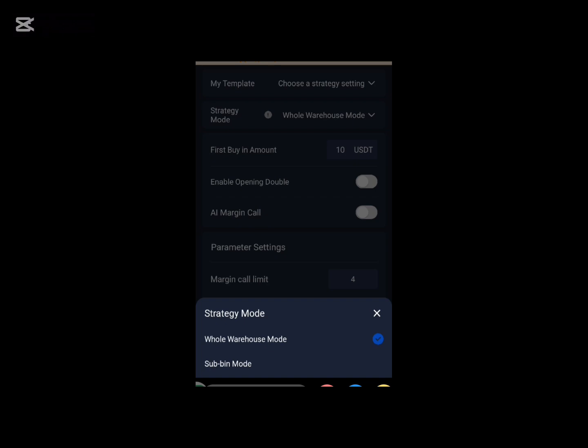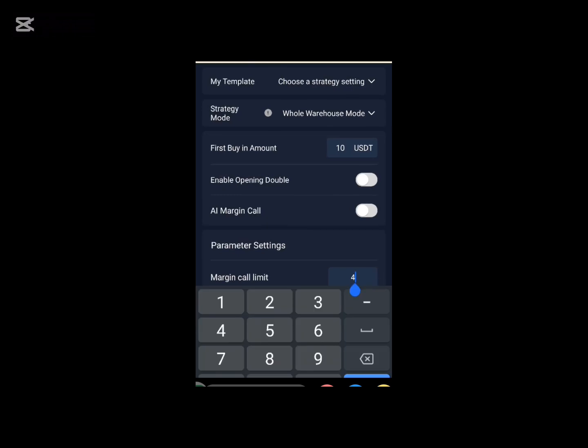Whenever you are using 10 or 9 or 12 margin call, use sub-B time settlement. Let me say it again. Whenever you are using 4 margin call, use warehouse mode, the first one. But if you are using 7 margin call or 9 margin call or 8 margin call, I told you that it depends on the capital you have that you want to break down for this margin call.